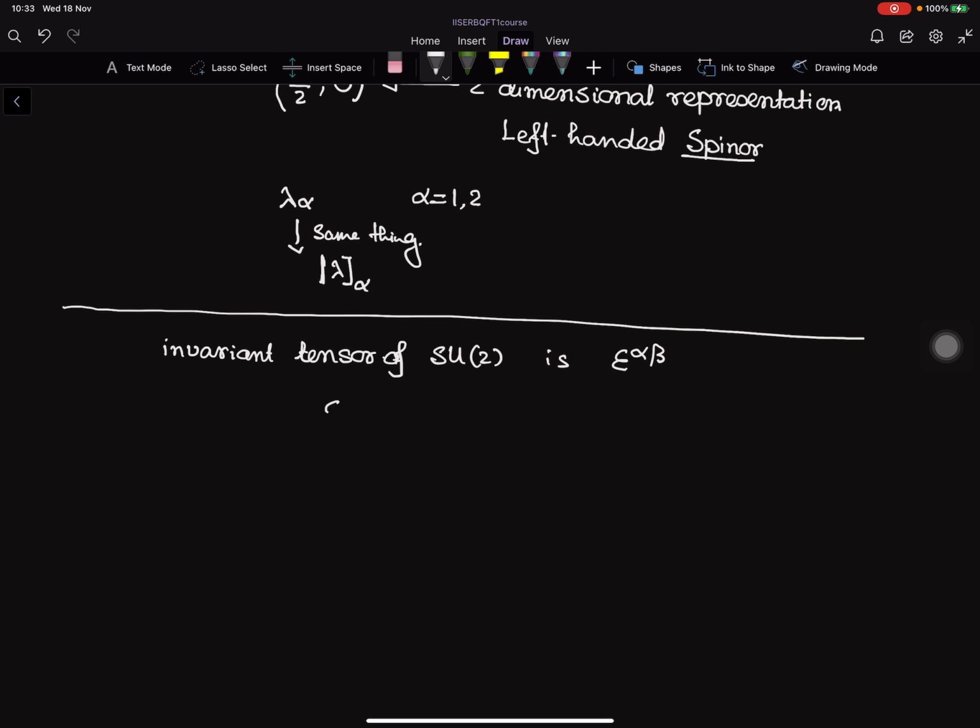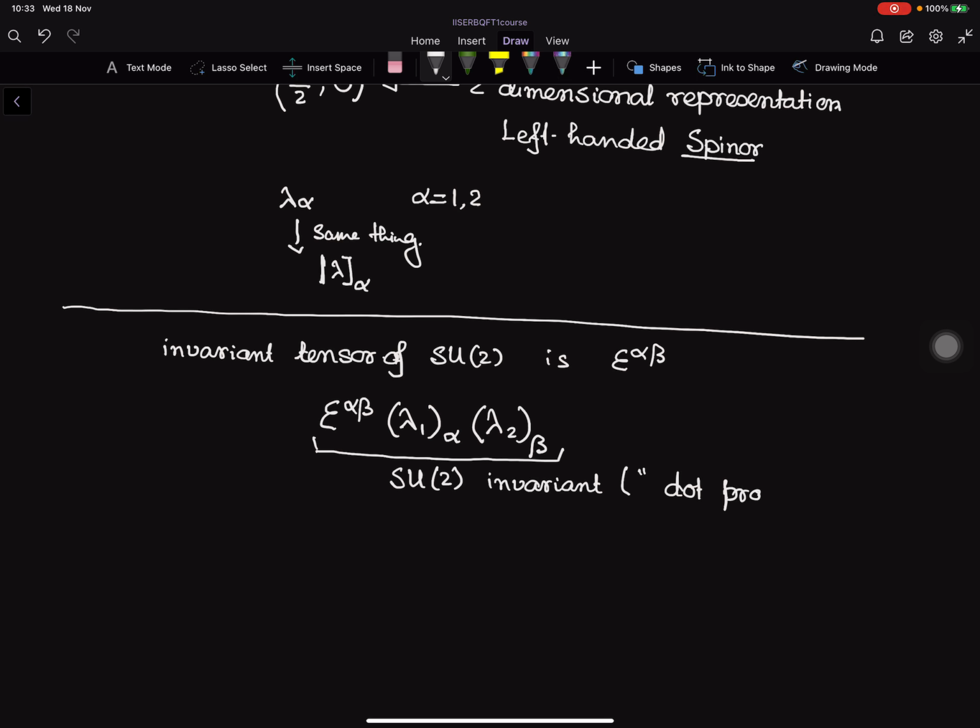So for example, this object is SU2 invariant. It is roughly like the dot product, but now for the SU2 group, not for the Lorentz group.